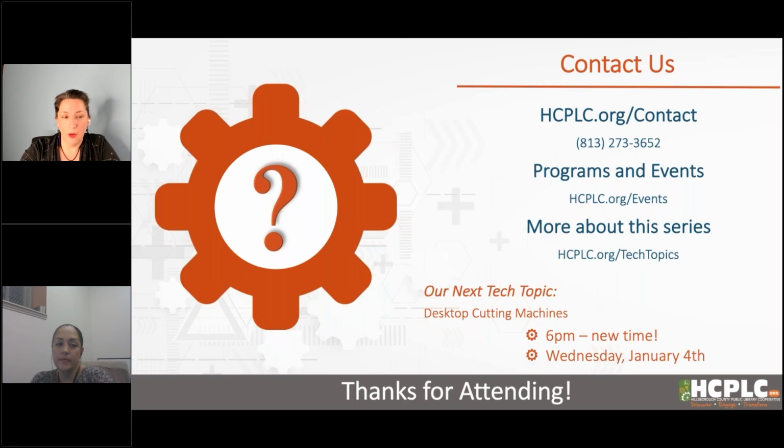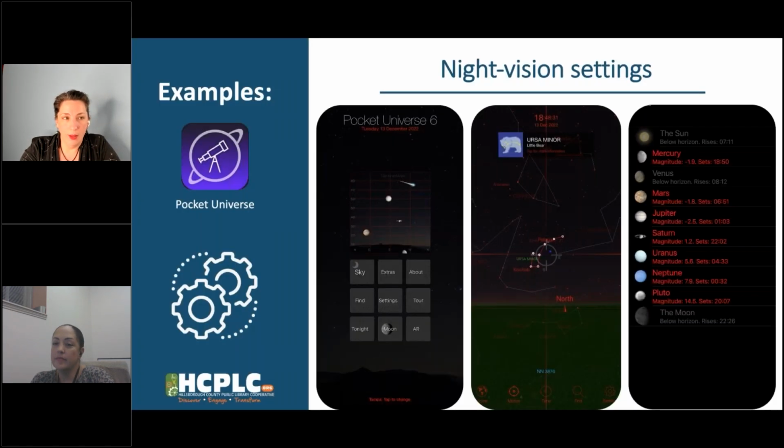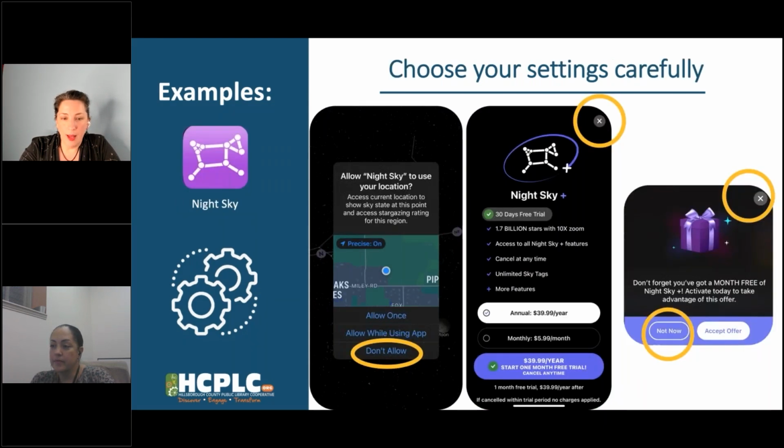to get started. The ones that I use most frequently: Pocket Universe is one that I use a lot. I like it because it's very simple, just in terms of finding things. The Night Sky app is great.